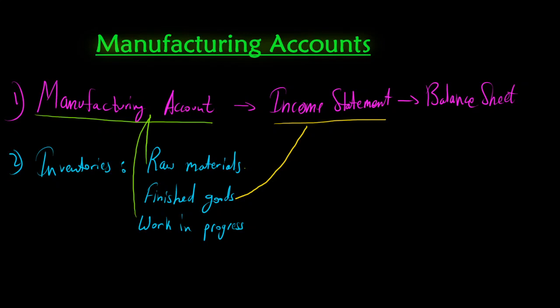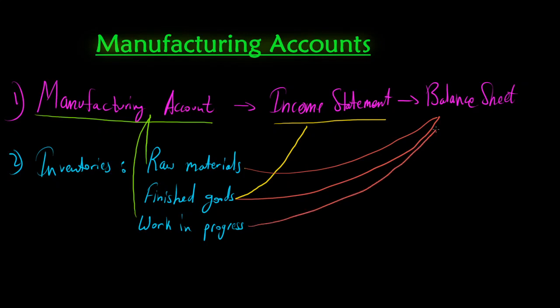And all three of them appear in your balance sheet. So in your current assets in your balance sheet, you have three inventories, not just the closing inventory, the normal one. Usually in a business you have inventory, right? Do you remember?